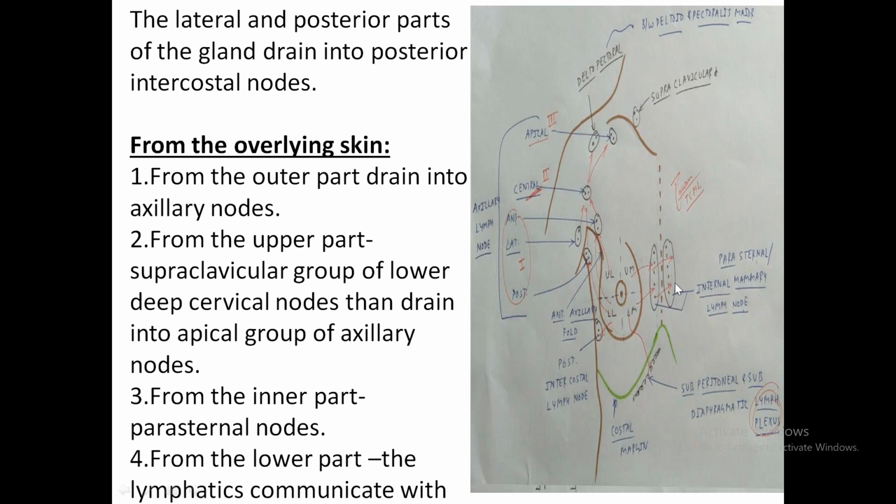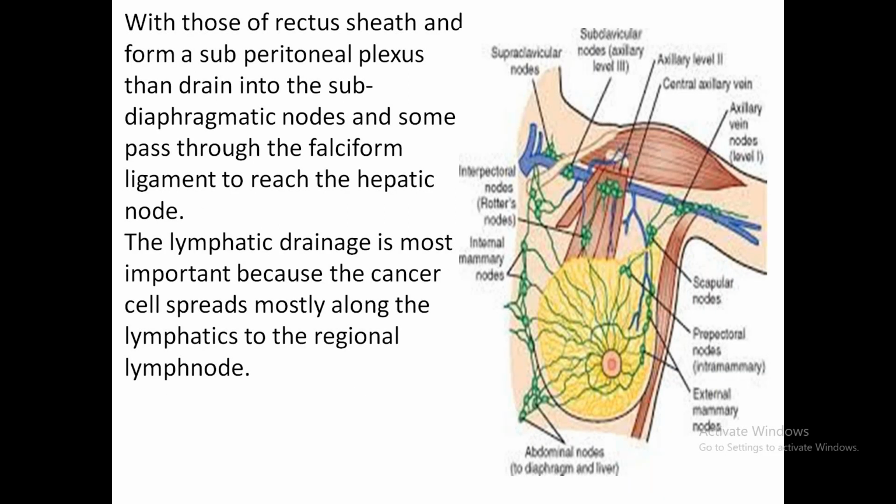From the lower part, the lymphatics communicate with those of the rectus sheath and form a subperitoneal plexus, then drain into the subdiaphragmatic nodes, and some pass through the falciform ligament to reach the hepatic nodes. The lymphatic drainage is most important because cancer cells spread mostly along the lymphatics to the regional lymph nodes.